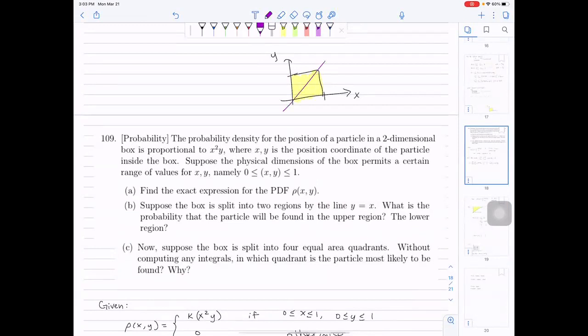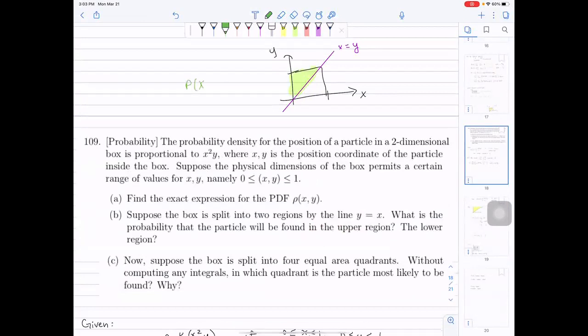We split it into 2 halves with the line y equals x. So finding the probability that the particle will be found in the upper region, that is this half, is that probability of x greater than y or y greater than x? 1 or 2?